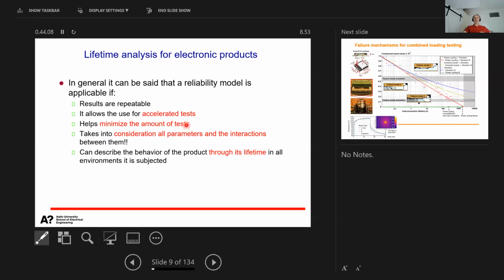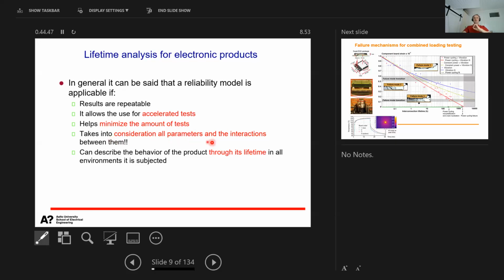And this is also coming to the fact that if you have several different stresses, and the several stresses have some cumulative effects or some interlinked effects, then if the model can describe these correlations, you might minimize the amount of tests by, for example, using several different parameters at the same time.